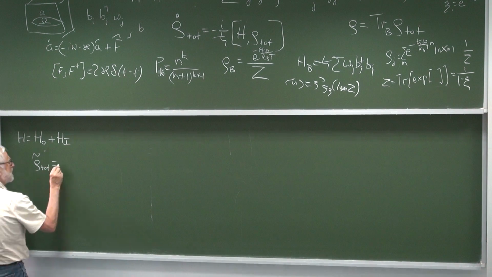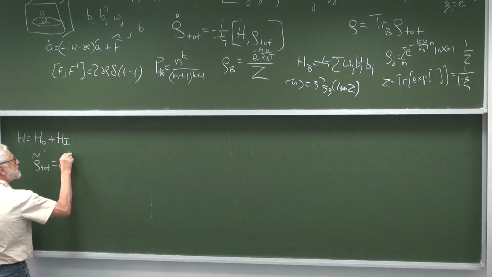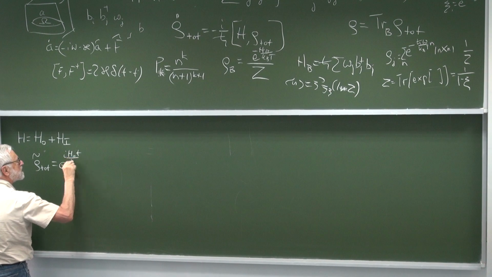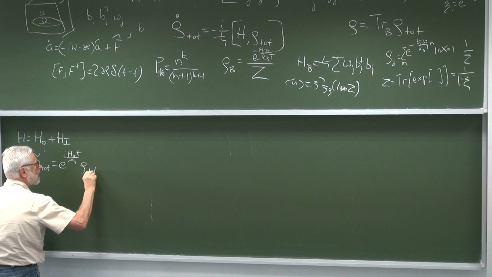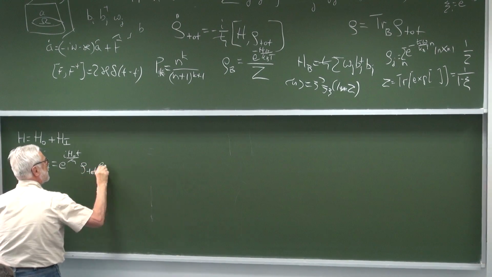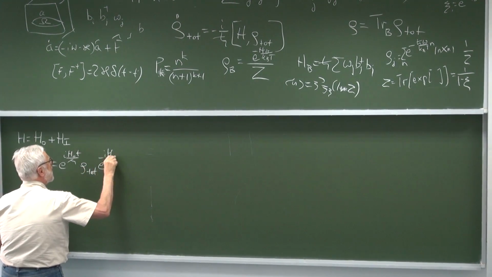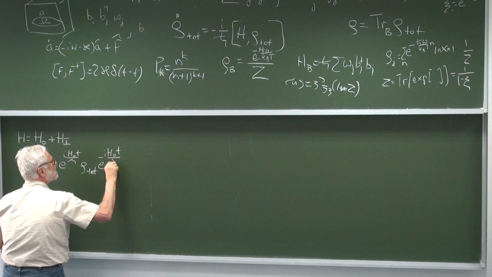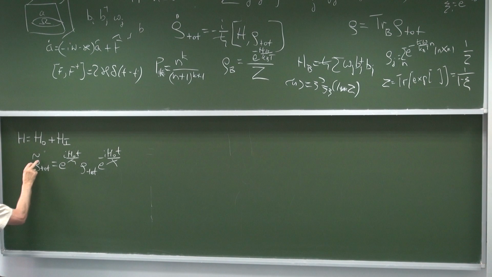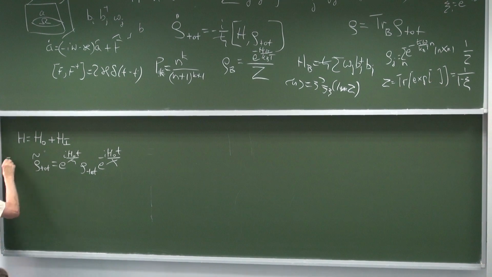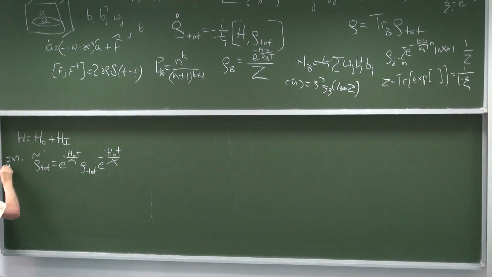Which is e to the i H0 t divided by h bar, this old regular rho total, e to the minus i H0 t divided by h bar. So this is called the interaction picture.